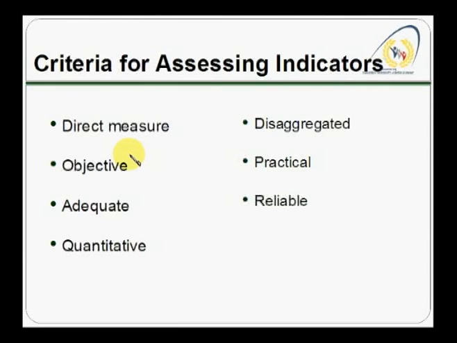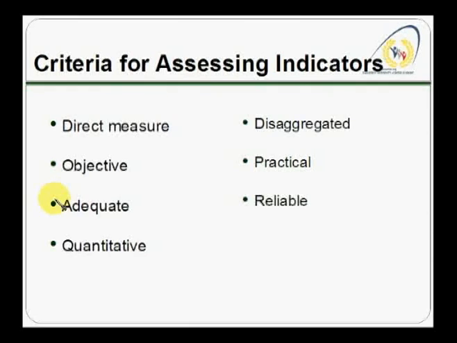It's objective. It's not subject to bias or individual interpretation. The indicator I mentioned, number of people going to your CEC in a given day, is objective because anyone can count, and you cannot selectively count people and disregard others who come into your CEC. If you do that, obviously that will destroy the objectivity of your indicator.